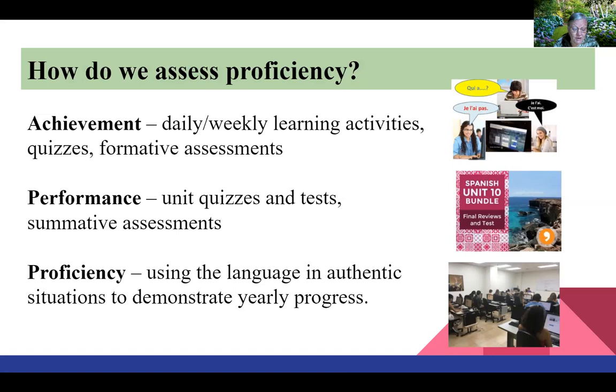Performance is the ability to use language in a limited and controlled situation, such as a classroom or a controlled situation-based exchange. Achievement is the ability to repeat language elements that have been taught and mastered at some level. Each has a role in language learning, but only proficiency is what people use to communicate in the real world.